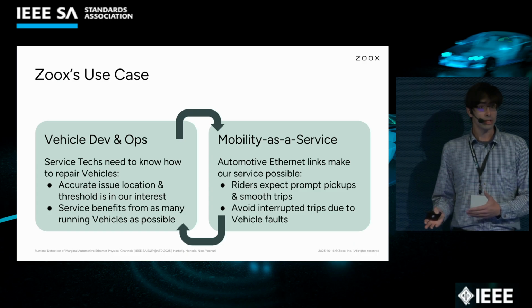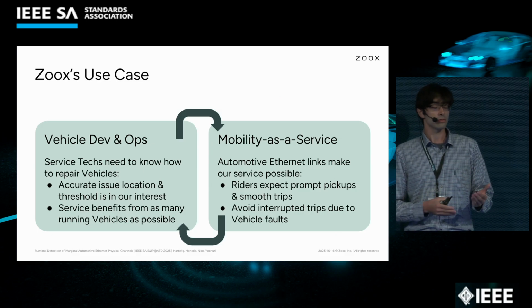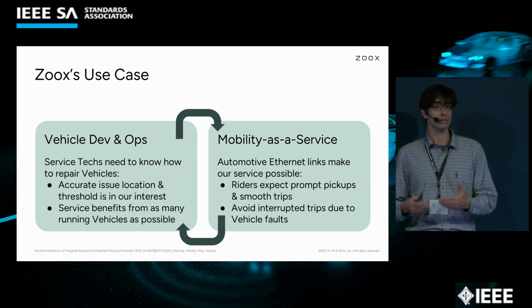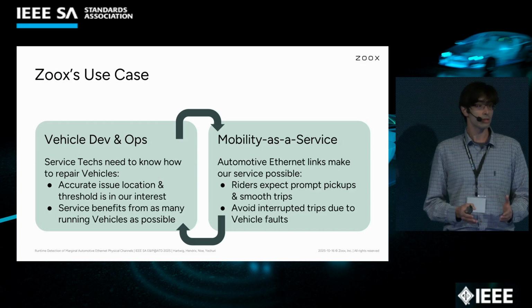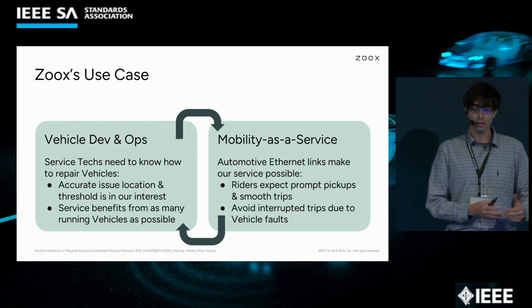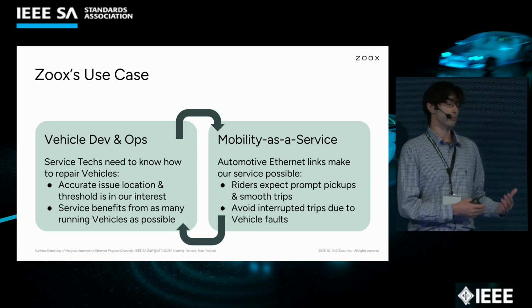When a vehicle detects an issue, however, we need to be able to pinpoint where that happened so our service technicians can take the appropriate actions and return the vehicle into the operating fleet as quickly as possible. So accuracy in detecting where an issue happens so that we can take appropriate action is great for the customer experience, and it's also very important for our business.